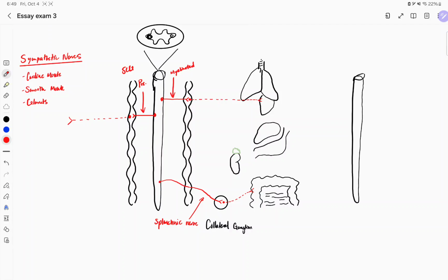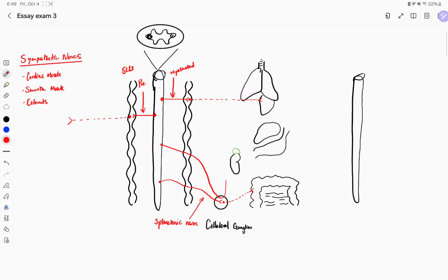We also have a nerve that travels through the adrenal medulla pathway, and that nerve is going to begin again in the lateral horn of the spinal cord. It will pass through the sympathetic chain ganglia, but not synapse in that location. It will also pass through the collateral ganglia, but not synapse there either.